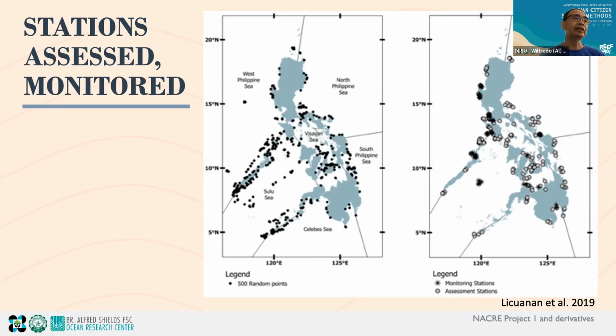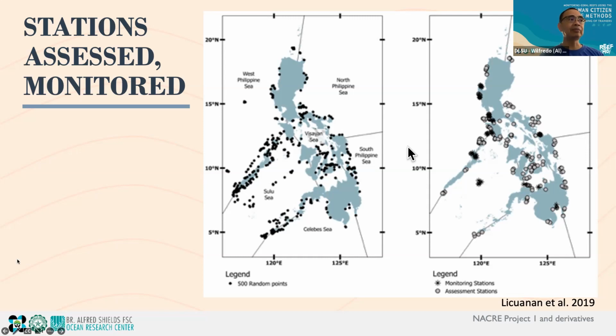The 22.8 was based on a stratified random sampling design, meaning kung ang isang bioregion, like for example, the Visayas bioregion, 1 of 6, if 40% of the fringing reefs in the Philippines are in the Visayas, then 40% of our surveys were done in randomly chosen reefs in the Visayas.